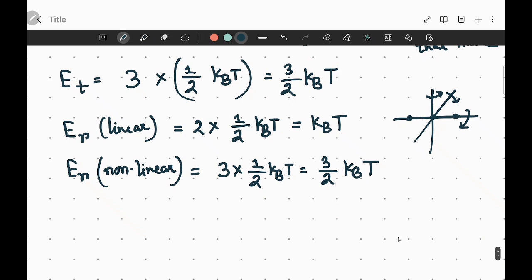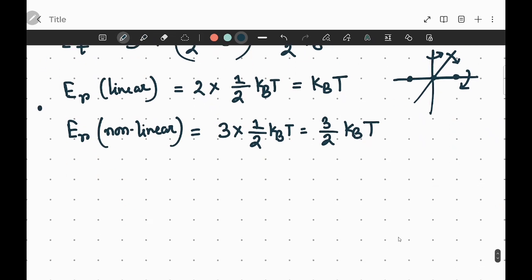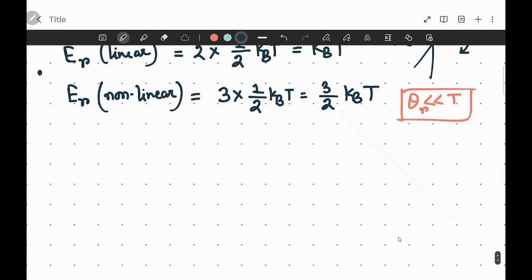So this formula you can prove from statistical thermodynamics, which was already done in class. This can be proved only when theta_R is very, very less than T. Sorry, the temperature must be higher than the characteristic rotational temperature. So eventually we are considering that temperature already.